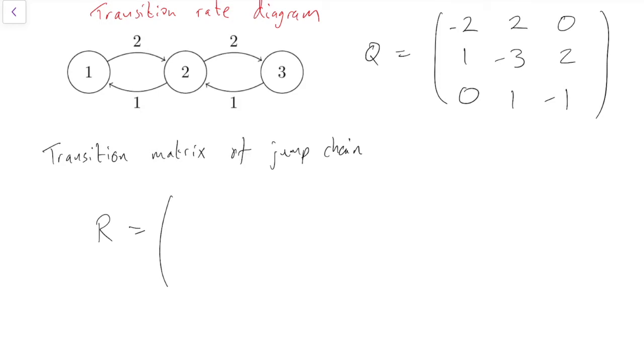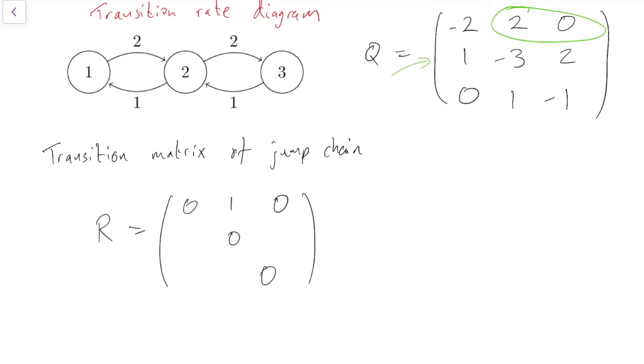So the first thing is all the on-diagonal elements are 0, because the jump chain can't jump to itself. And then after that we take Q, but we rescale it so the rows add up to 1. So if we look up here where we have 2, 0, well, in order to get that to add up to 1, we're going to have to divide it by 2, aren't we? So that will become 1, 0.